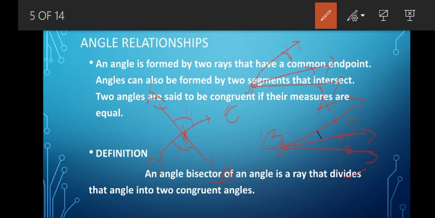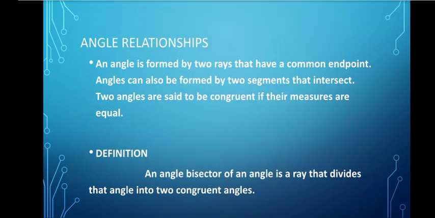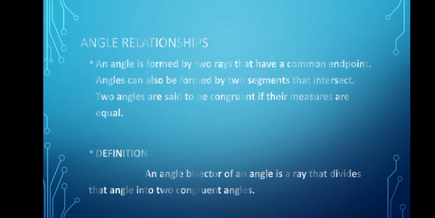So meaning nag-form siya ng two angles that are congruent. That is the angle relationships and the angle bisector.